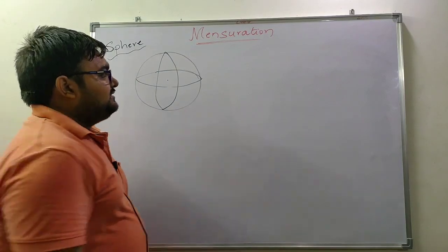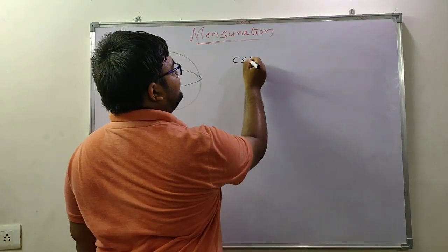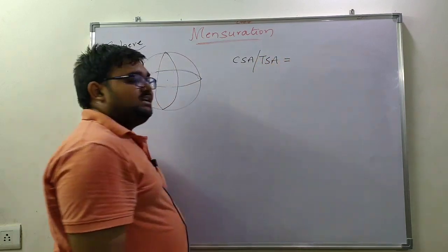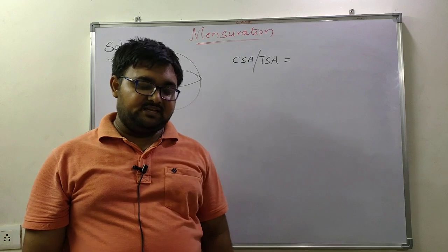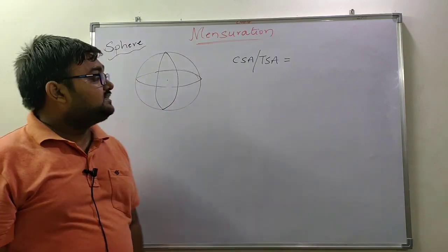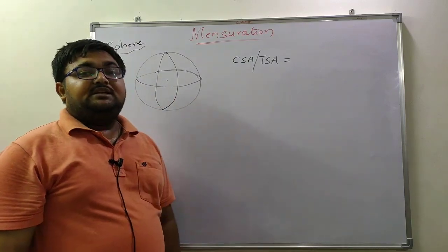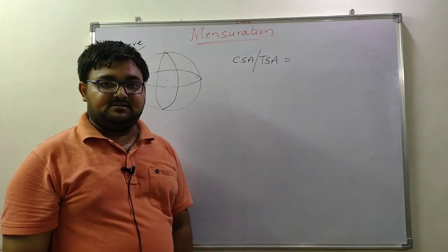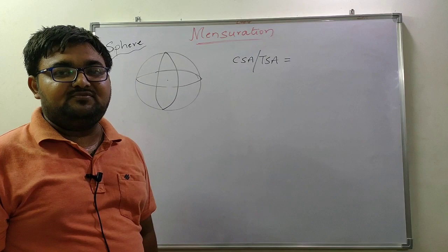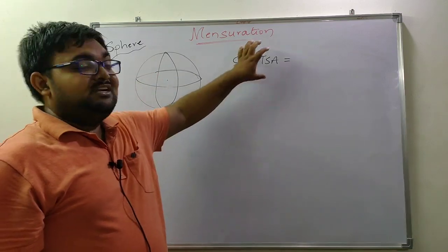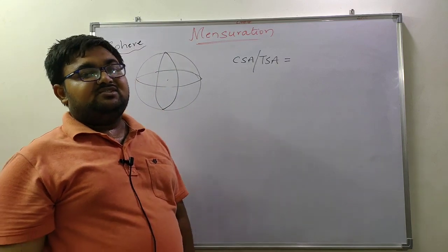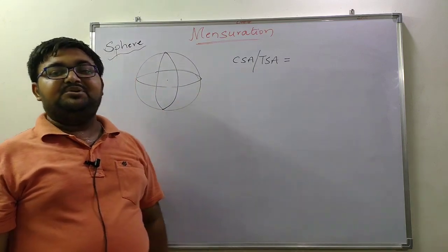Okay, so in this, the curved surface area as well as the total surface area, both are one and the same, because there is no top and bottom surface, right? Now geometrically, there is no particular proof to prove the curved surface area or total surface area of the given sphere. For this, an experimental proof is there.